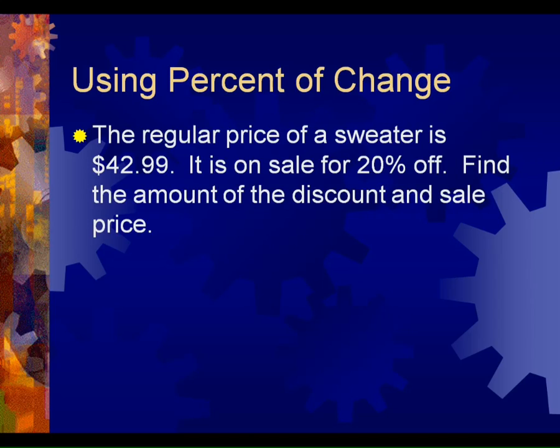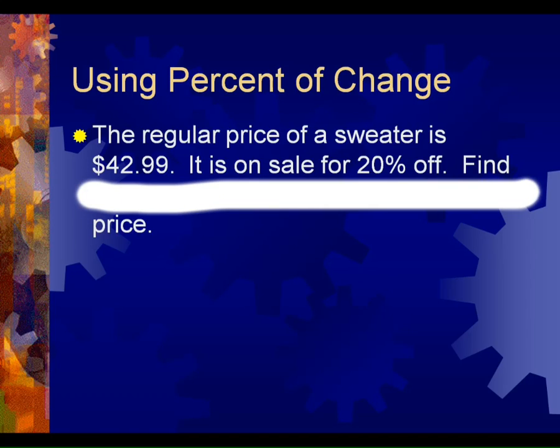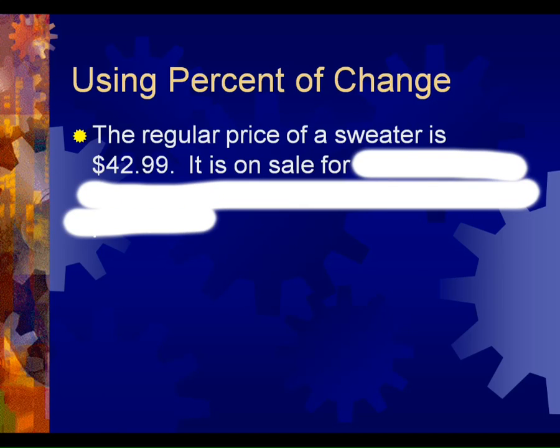Who can tell me, if I said, okay, forget all this, it's 10% off. Without using your calculator, how can you calculate 10% off? Yeah, Thomas? You take 42.99 times 0.9. That's true, but without using your calculator, how could you do that?